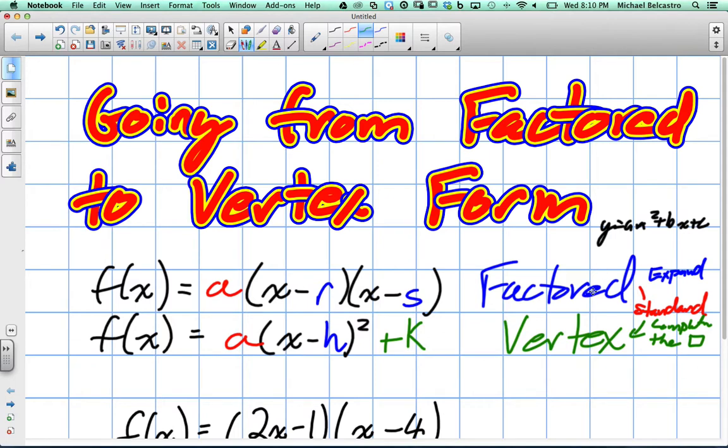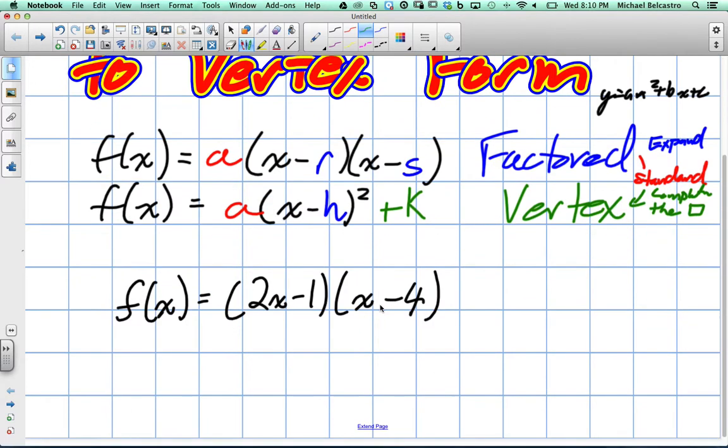But there's another way you can do this, as long as you understand the forms of the equations. First of all, we have to understand what these brackets represent. These brackets will help us, and this is why we use factored form, find x-intercepts.